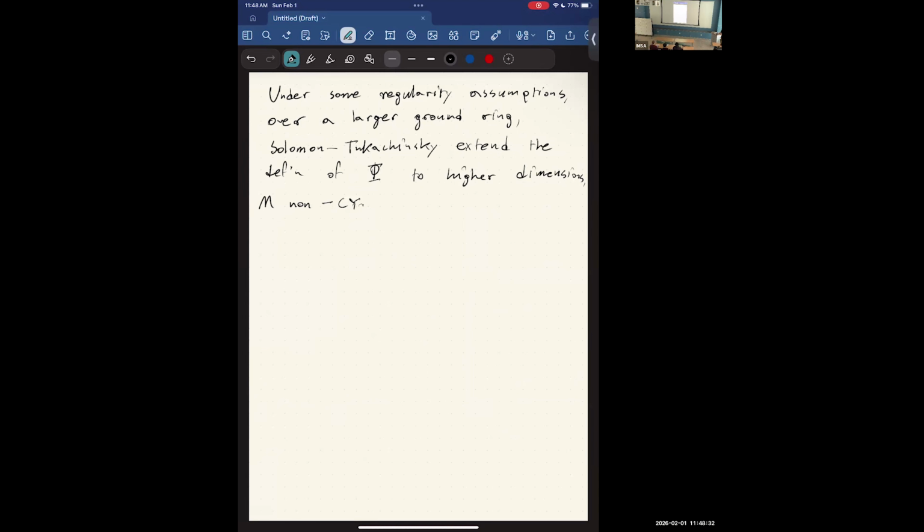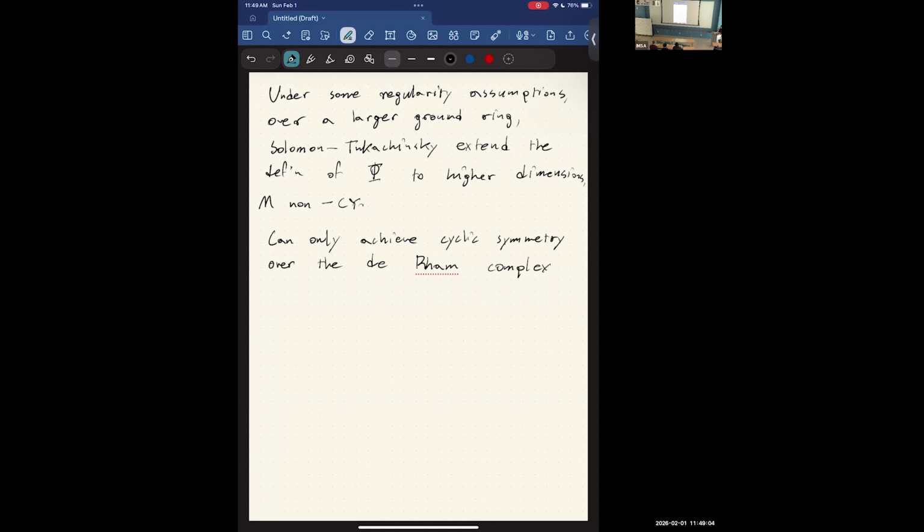And the answer is that, as far as I know, we currently only know how to achieve cyclic symmetry over the de Rham complex.